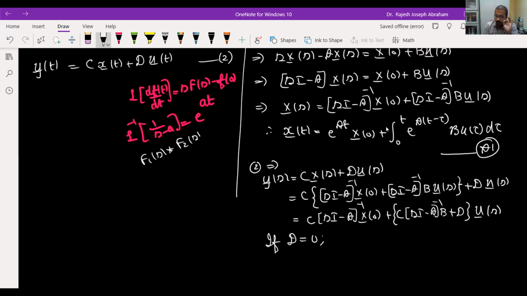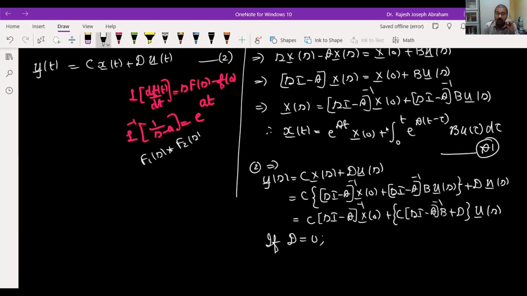Such systems are called proper transfer functions. If the degree of the numerator is strictly less than that of the denominator, then such a system is called a strictly proper transfer function.